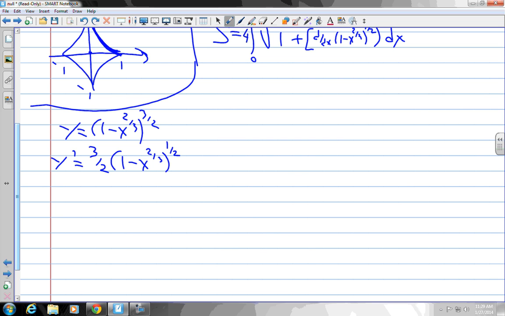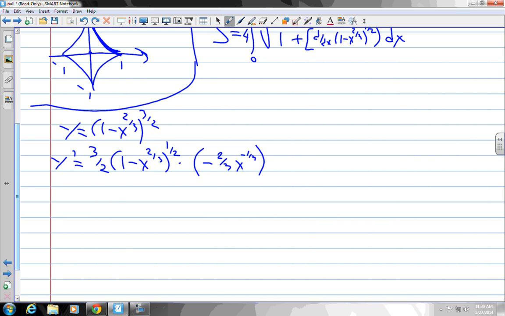Is that right? And then times the derivative of the inside, which is negative 2/3 x to the negative 1/3. Is that okay? Does that hold water?